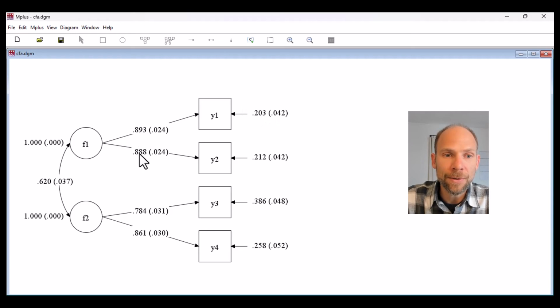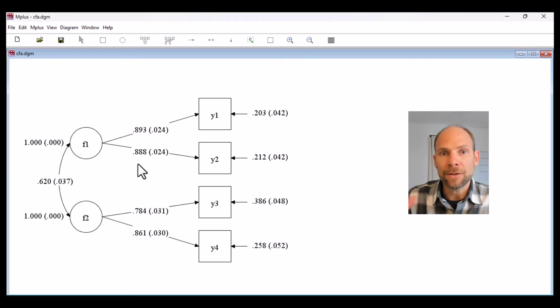You can interpret these standardized loadings as correlations between each variable and the factor, and they tell you something about how reliable each indicator is. The closer the loading to 1, the more reliable the indicator. The smaller the standardized loading, the more unreliable this indicator as a measure of the factor, or the less valid.